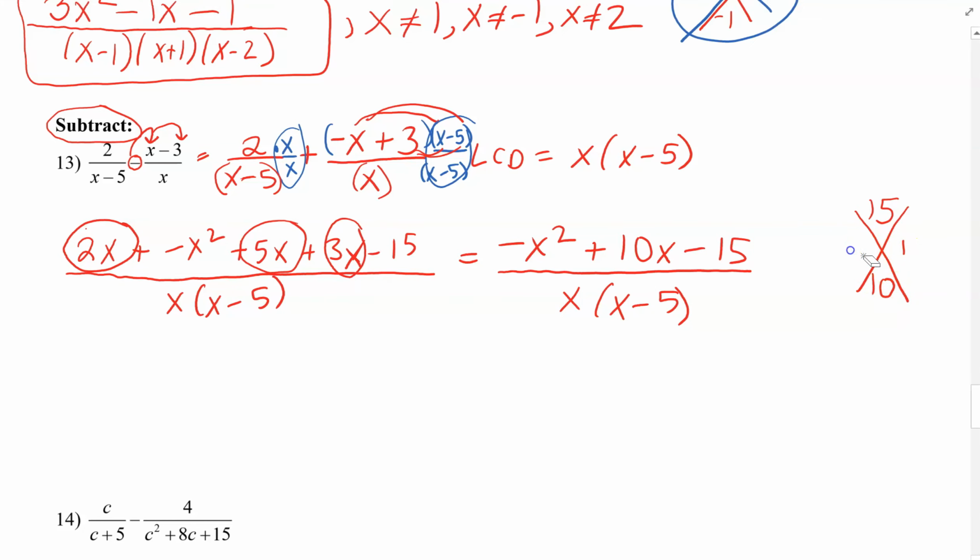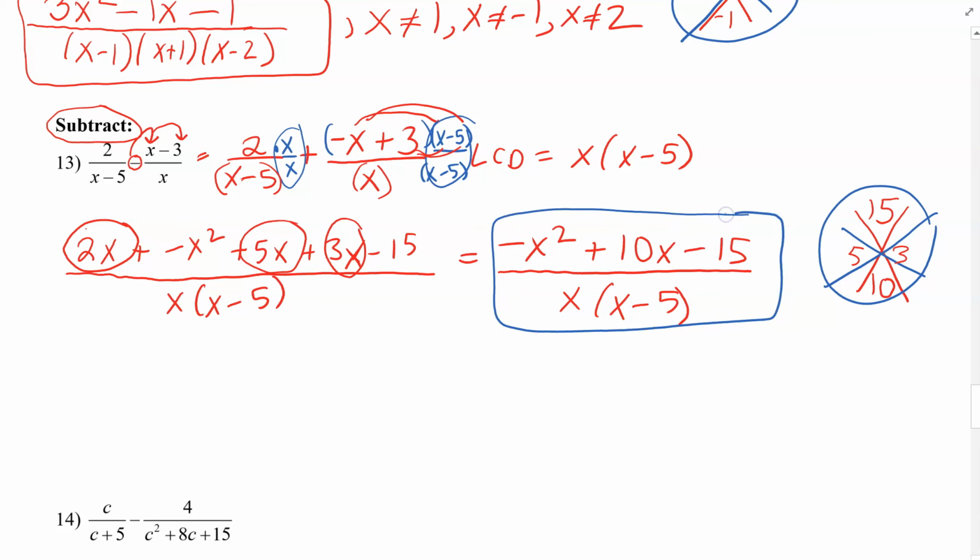Or there's 5 and 3, but that would add to 8, right? And then I could do 2 negatives, but the negatives would add up to a negative number, not positive 10. So it's just not going to work, okay? So we just quickly look and see if maybe it'll work, and it won't, which means it doesn't cancel, which means this is our simplest answer, right? That's our answer right there.